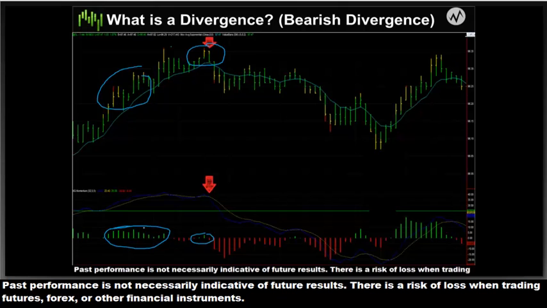Again, first high, first set of histogram bars. Second high, which is higher than the first, and the histogram bars are much weaker. So at this point, price is going higher, but the bullish momentum is getting weaker. There is a divergence, and what we expect actually occurs: prices fall. That's why we call it a bearish divergence.